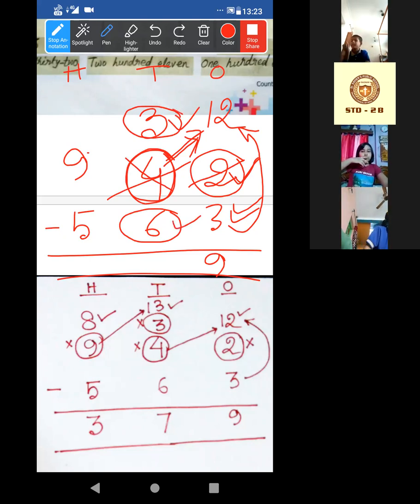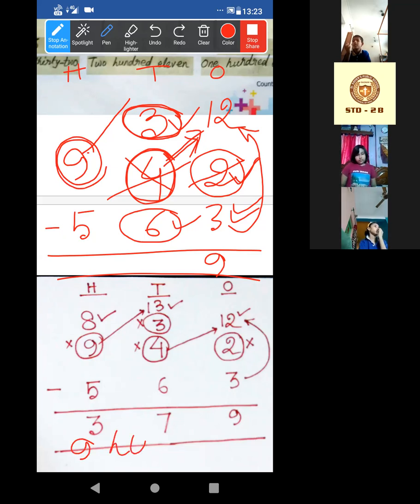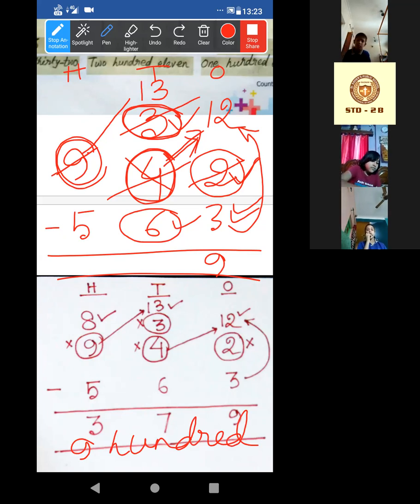We have to make this smaller one larger. So again we have to borrow, the same process. Borrow from which number? This 9. Basically here 900 is there. We have to borrow 100. Then it will become 800. And here 100 will go and add 3 tens, that means it will become 13. Understood? And this 9 will become 8.